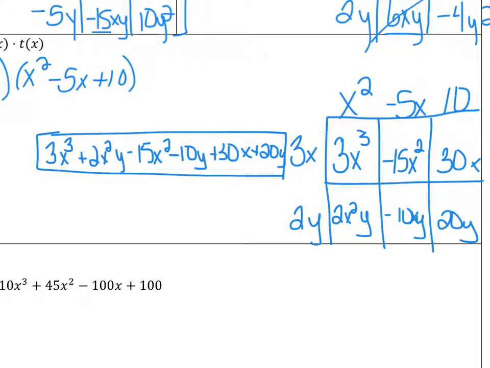All right, so this is how I did it. However you did it or tried it out, as long as you gave it a try, it's definitely a good thing. So notice here, I put the trinomial on the top, and a binomial on the side. You could have done it either way, it doesn't make any difference.